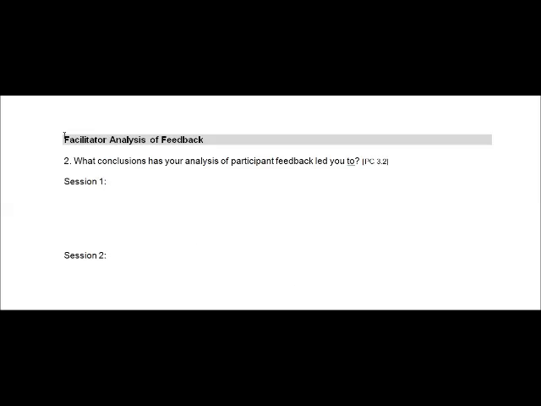Alright, now the next criterion of your review is that for each session you need to briefly state what kind of conclusions your analysis of your participant feedback has led you to. So assuming you evaluated all of your three sessions, and one way you may have done that is to get your participants at the end of each session to complete maybe an evaluation form or give you some feedback.